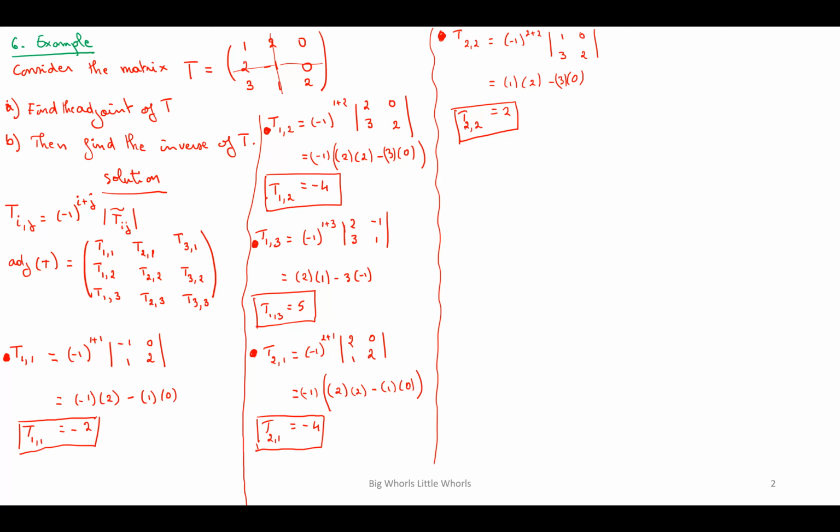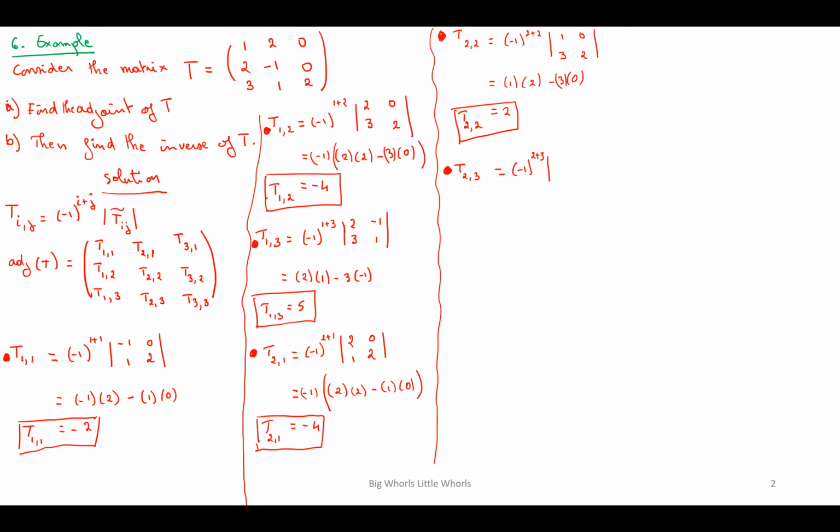And now let's find T23 equals minus 1 to the power of 2 plus 3 multiplied by our minor. Careful here.